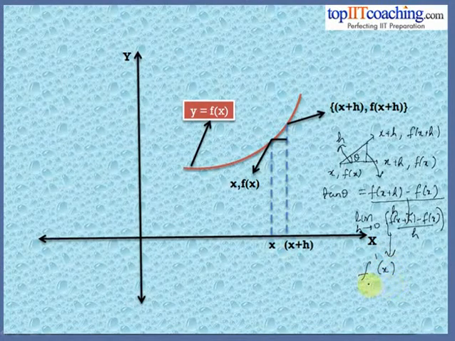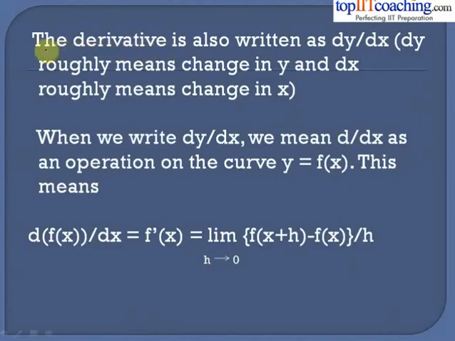So this is equal to f dash x. We can say that it is the ratio of change of f(x) with respect to change in x. So the derivative is also written as dy by dx. Dy means the change in y and dx means the change in x.